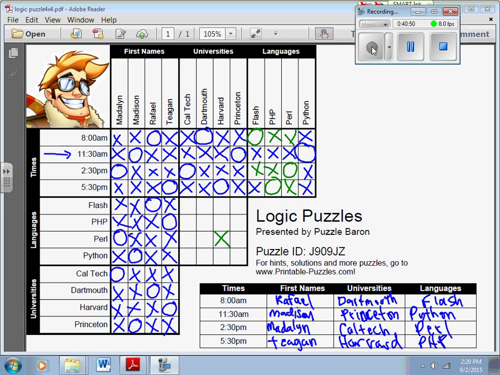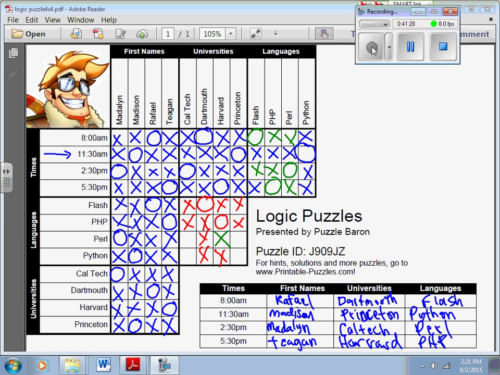The Flash programmer is whom? Raphael. So Raphael went to Dartmouth. So the Flash programmer went to Dartmouth. Right. The PHP programmer was Tegan. Tegan went to Harvard. So Harvard and PHP, which is right here, yes? That X's all that out.